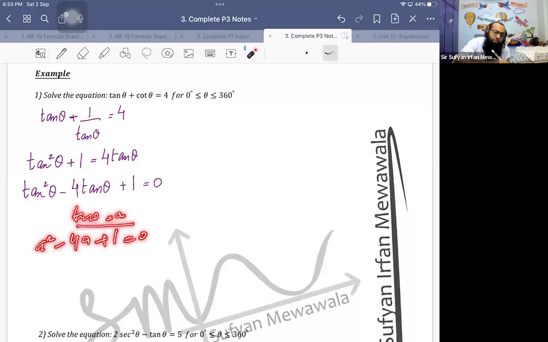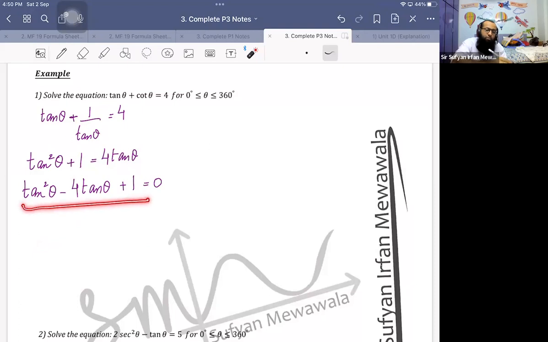But this option is not essential, right? Assuming it to be a, then finding a, then finding tan theta, and then finding theta at the end is more time consuming. So if you have already identified that this is a quadratic equation, you can directly do middle term breaking. And if middle term breaking is not possible, you can directly use the quadratic formula. So when it was x squared minus 4x plus 1 equals 0, then the quadratic formula was giving us x.